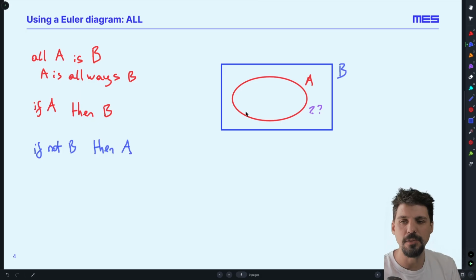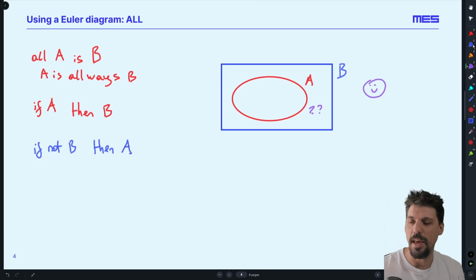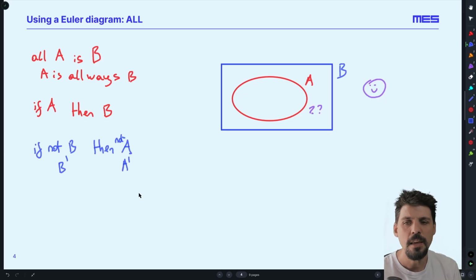Because we know that A is automatically not in B, if you're not in B, if you are somewhere here, look, I'm here, look, that's me right there, looking in, I'm not in B, then, oh, if not B, then, sorry, not A. And remember, we did this in the probability section. We could use little dashes for that as well. Okay, but it means that it's impossible to be in A if you're not also in B.